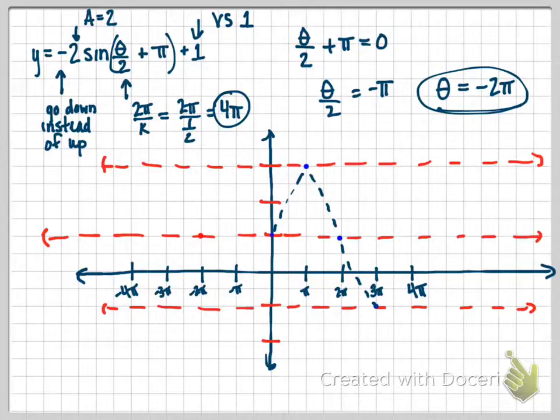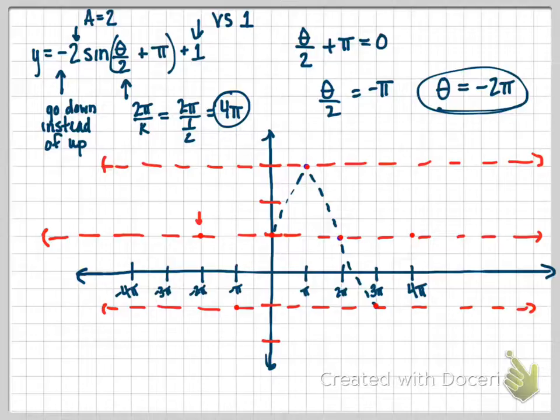So instead, we're going to start over here at -2 pi. That's where we are, if you can see. So we're starting here. And then from there, what we're going to do is we're going to go down first. So we're going to go down to the minimum at -pi, back up, up, down, down, up.